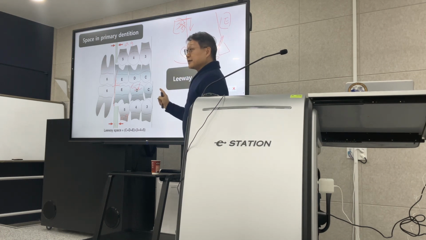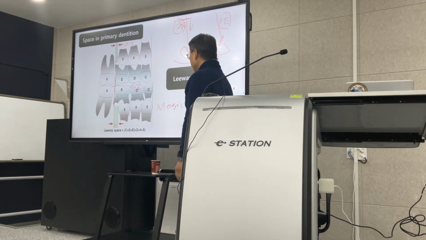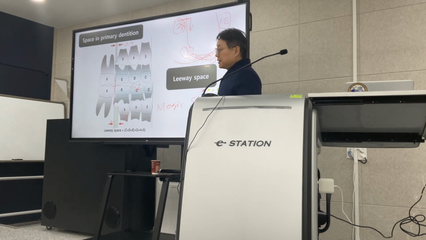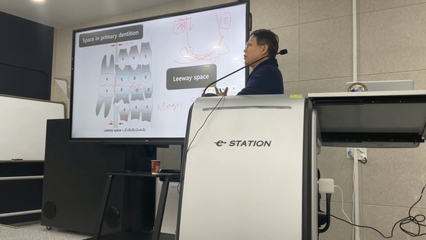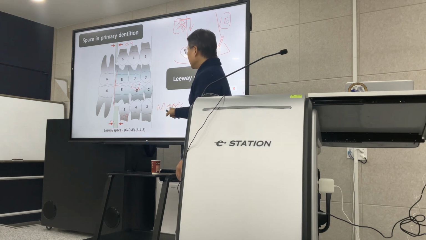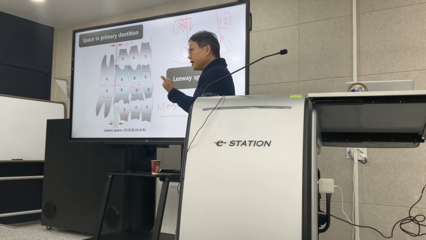That kind of concept, we have brought up the mesial shift of the molar. But for living, you will have two chances of mesial shift. One is the early mesial shift in the primary dentition.